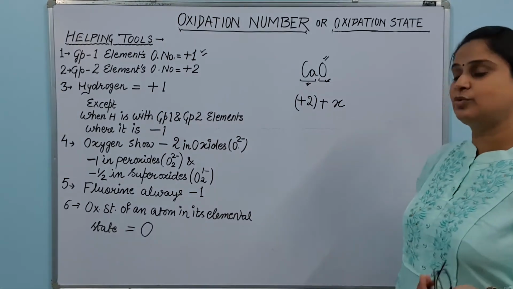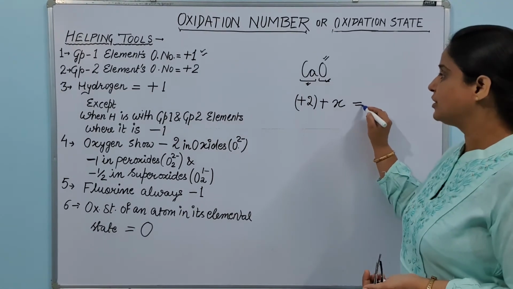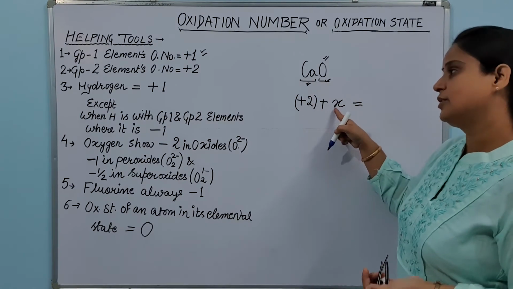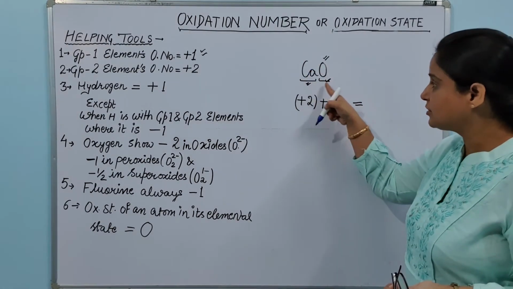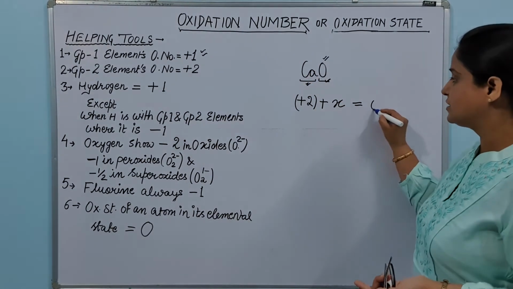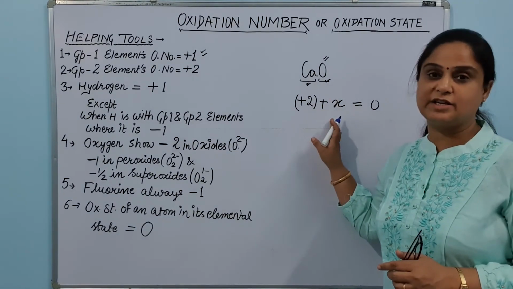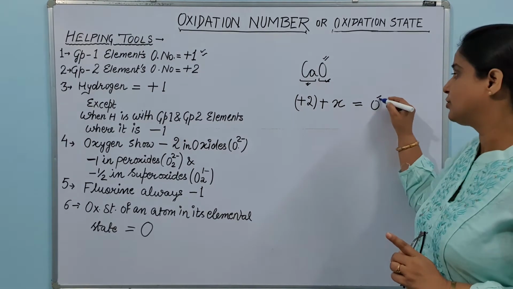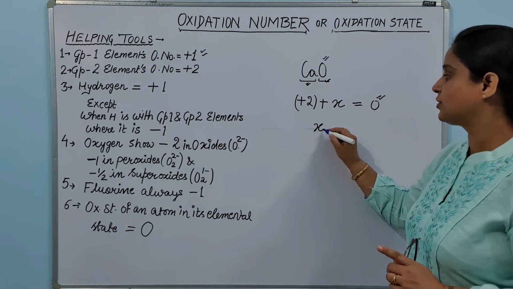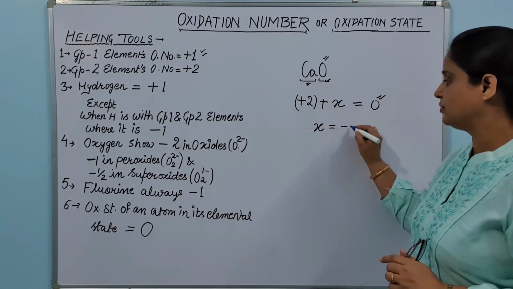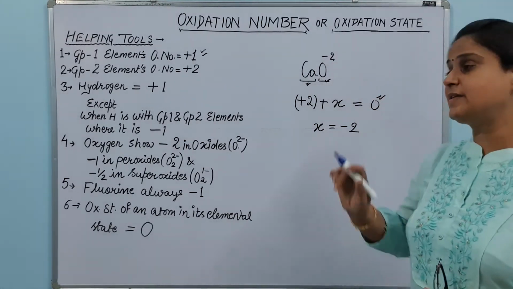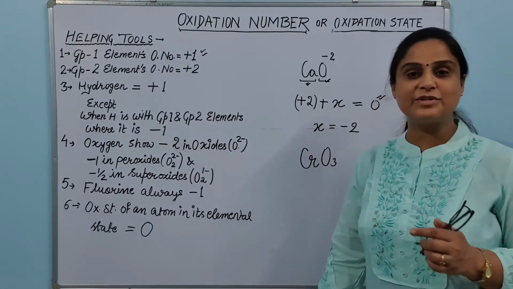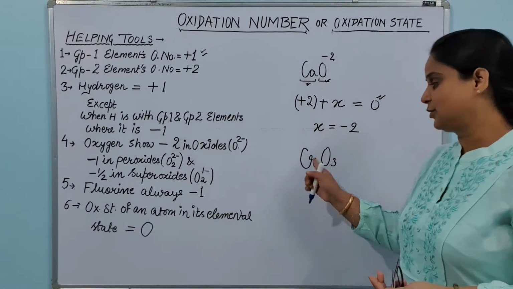So it is unknown to you, so it is X. And how many oxygen atoms are there? 1. So this is 1X. And what is the total charge on this molecule? 0. So the charge on the calcium and the charge on the oxygen should give you 0 charge. So what is the charge on the oxygen then? X equals -2.